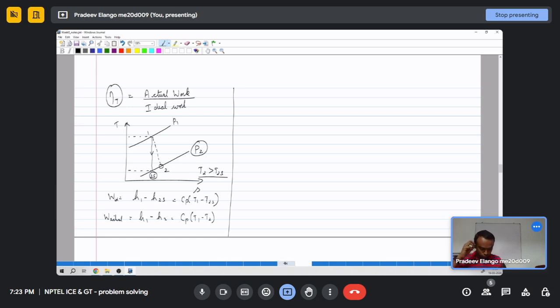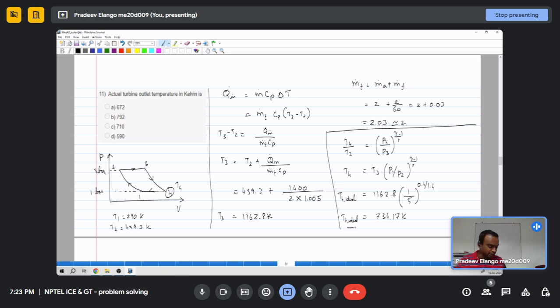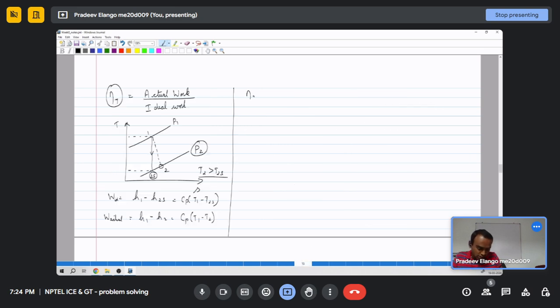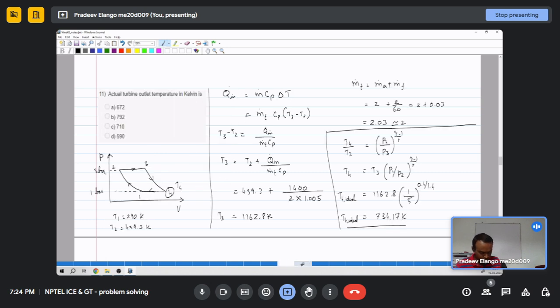So now we have found this ideal temperature, and so in our case this will be T3 minus T4 by T3 minus T4s. So we have just calculated T4s. So this is 0.9 given in the problem, and T3 is 1162.8.